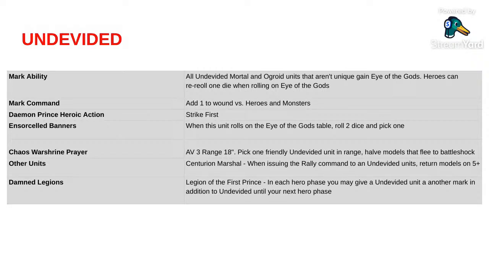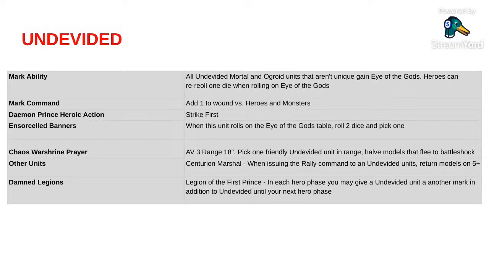Your Demon Prince. The Demon Prince War Scroll has 5 different heroic actions that align to what Chaos Mark the Demon Prince has. And the one for Undivided, the heroic action gives him strike first until the end of that turn.